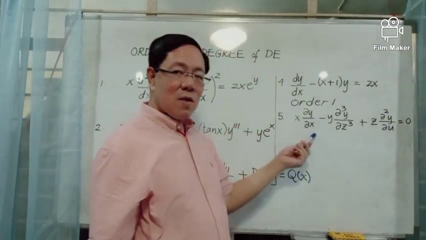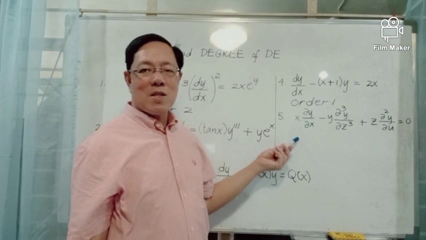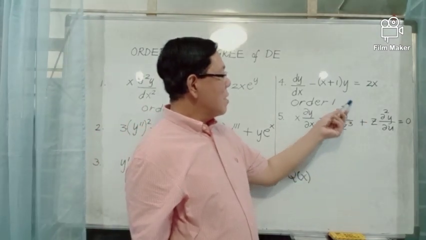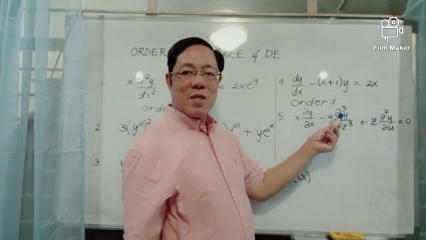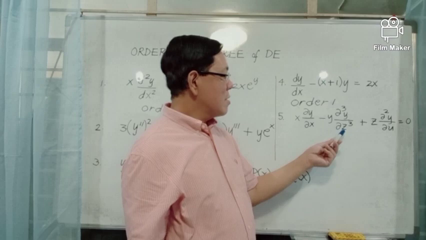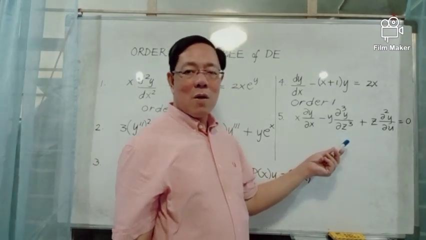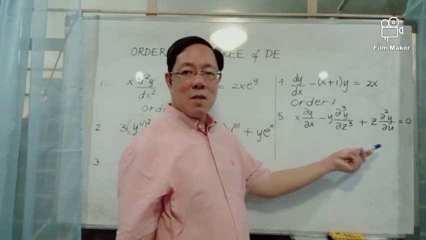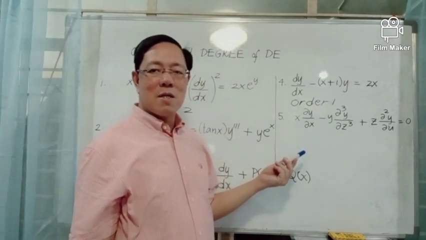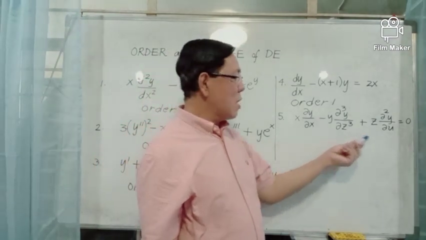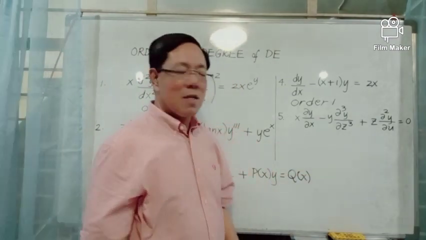Also by inspection, the highest derivative of y is the third derivative of y with respect to z. Thus, the order, or differential coefficient, of the highest derivative of y in this equation is 3. Therefore, this partial differential equation has order 3.